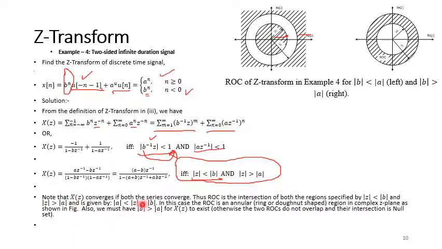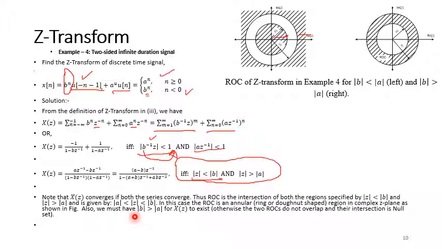So that means the region of convergence will be when z is greater than absolute of a and less than absolute of b. So the signal will only converge for this region. So you can understand now that the ROC will be annular, or you can also say a ring-shaped region in the complex Z plane as shown in the figure above.